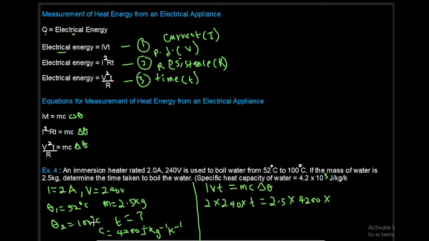That's 100 minus 52, which is 48. So we have multiplied by 48.